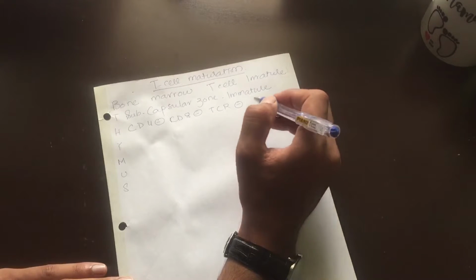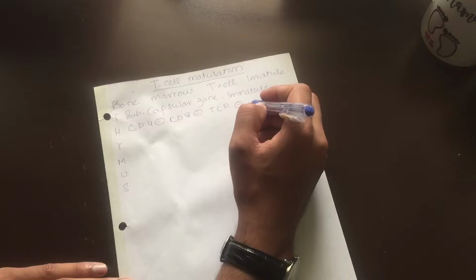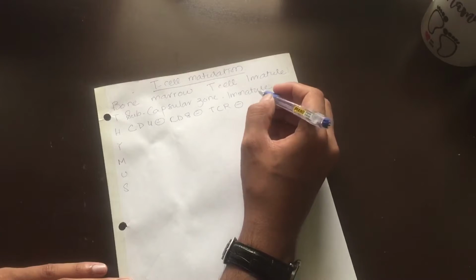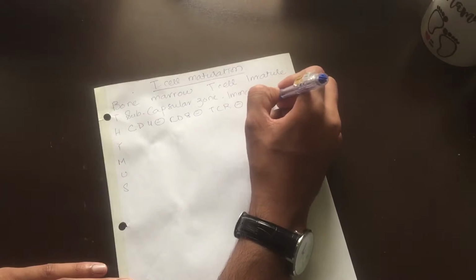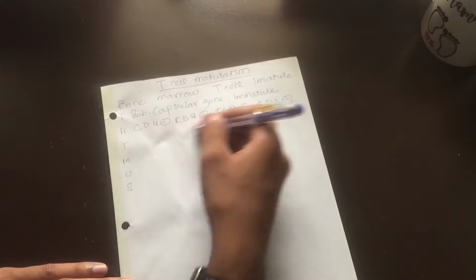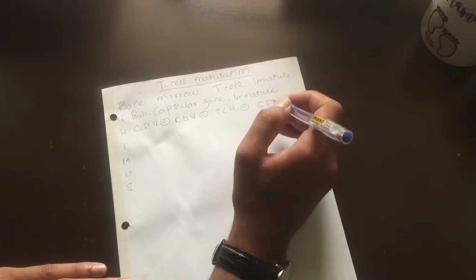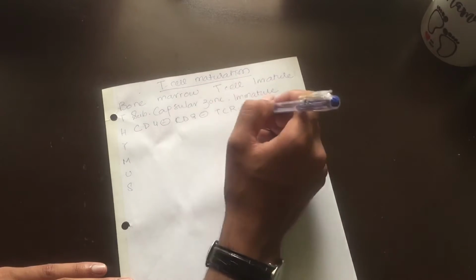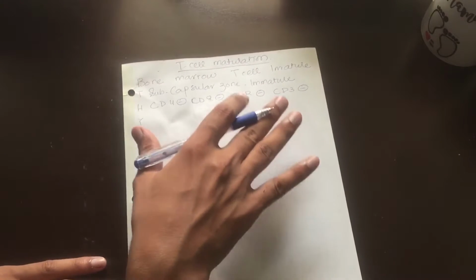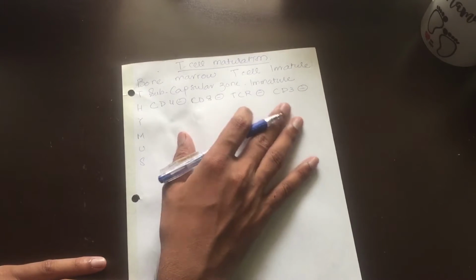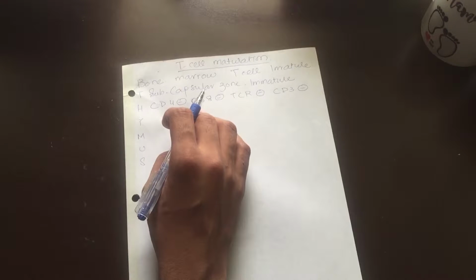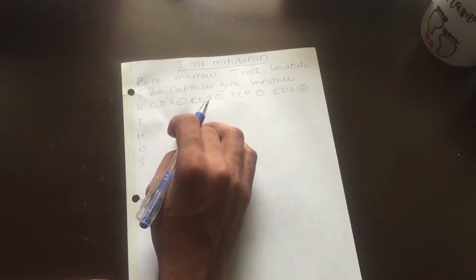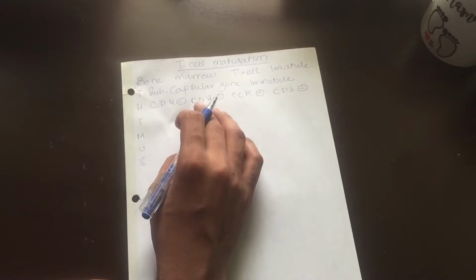There is no receptor on the T cells, and CD3 is also negative. These are all the main receptors present on the T cell. We will discuss in the next topic the cell receptors and cell surface markers.